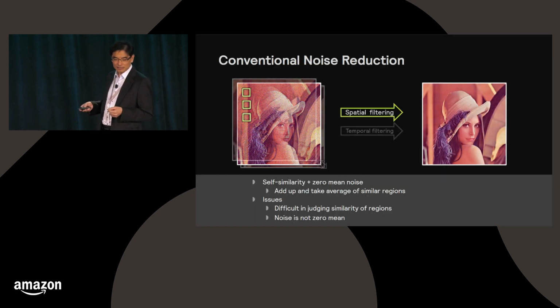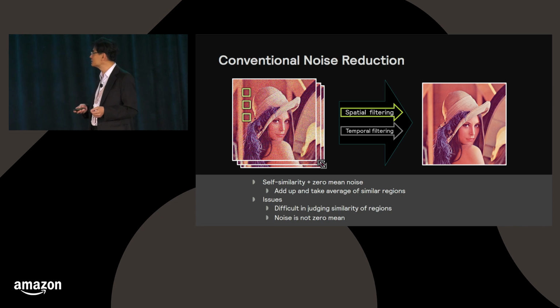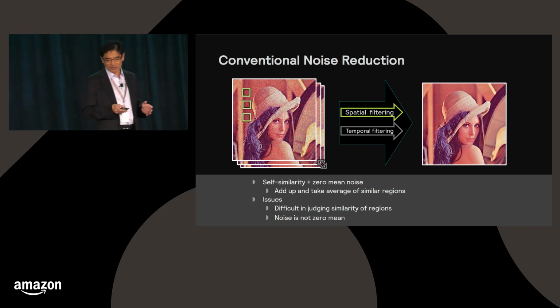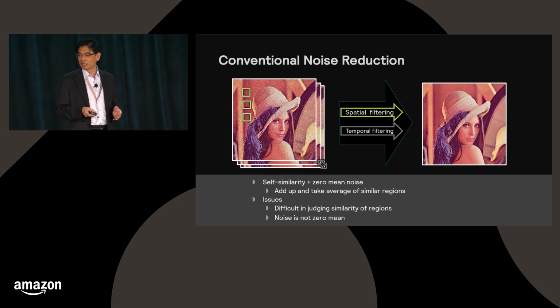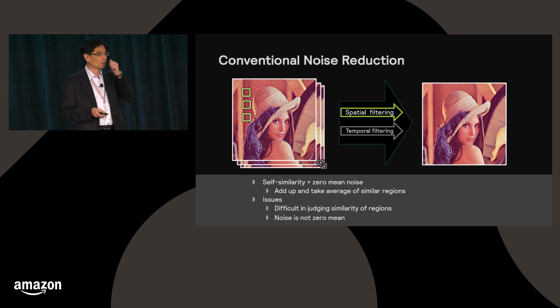So I'd like to talk some more about the technology difference between these two approaches. That's the conventional noise reduction approach. It is based on the principle of self-similarity and zero-mean noise. It assumes the noise is random white noise with zero mean, so that you can add up the areas of high similarity and then take the average.